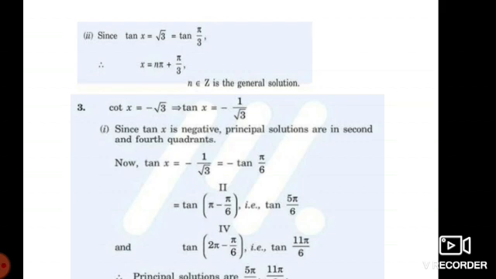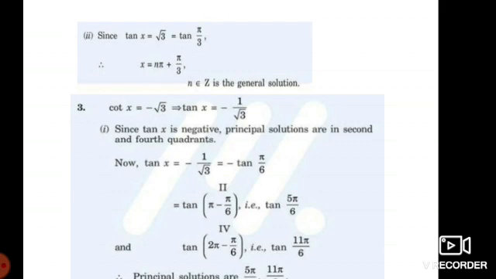Similarly for cot x equal to minus root 3. Here the cot x is written in terms of tan, it is tan x equal to minus 1 by root 3. Tan is negative in which quadrant? Second and fourth quadrant. So we know that 1 by root 3 is tan pi by 6, so minus 1 by root 3 is minus tan pi by 6.